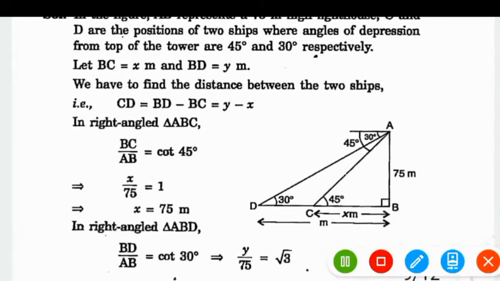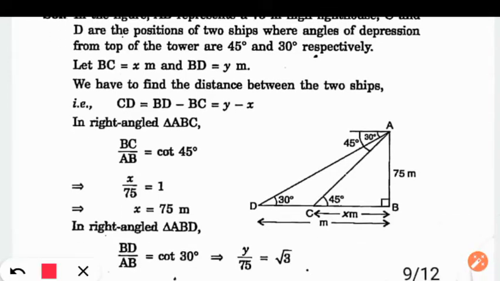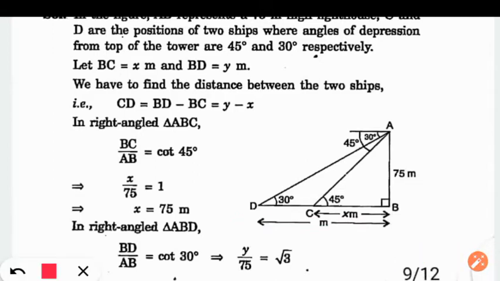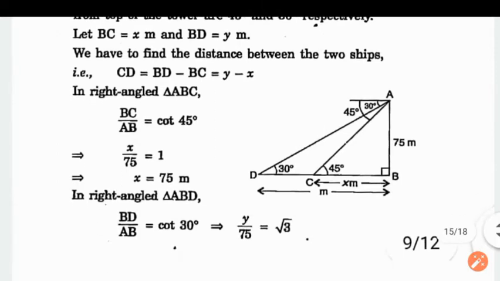We have to find the distance between the two ships, that means CD. So what will CD be? CD must be BD minus BC, that is y minus x. Now we have two triangles and we will use them. Angle of depression was there.